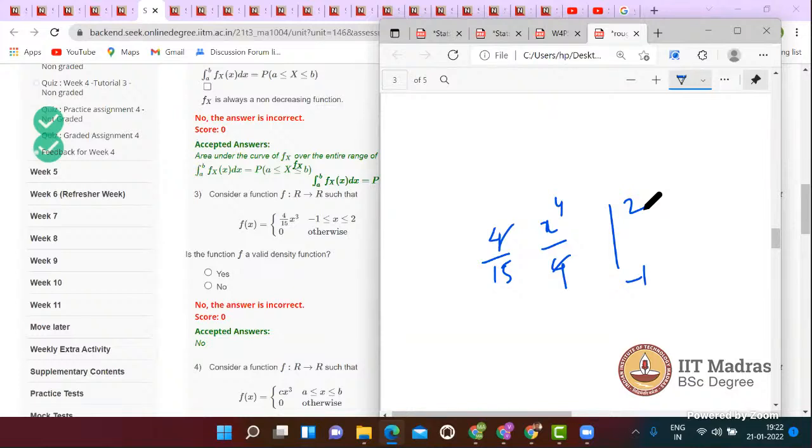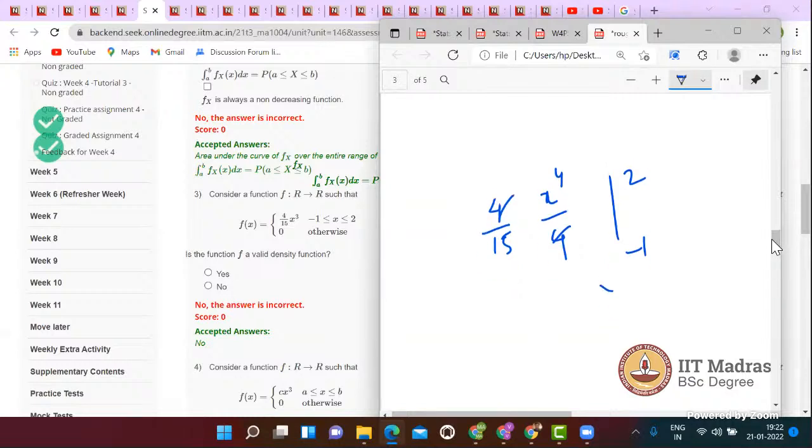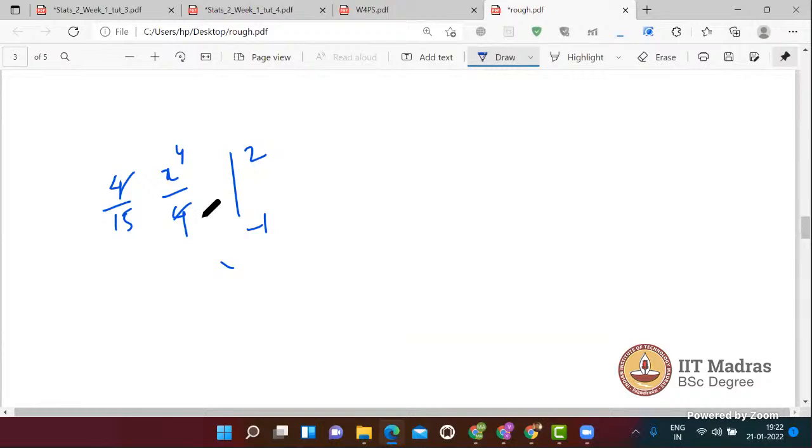When we put the value of -1, it will go negative. If we put the value of 2 here, 2 to the power 4 is 16, so it becomes 17 by 15, and then minus of (-1) to the power 4.